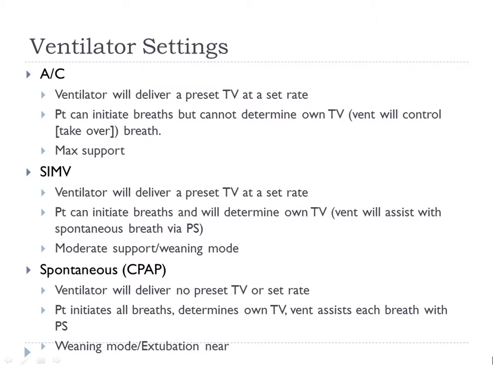When the patient is on assist control, think about this as most support. The ventilator is going to give a set number of breaths per minute, maybe it's 12, right? And it's going to deliver maybe 500 milliliters of air. For all 12 of those breaths, the patient's going to get 500, no matter what.